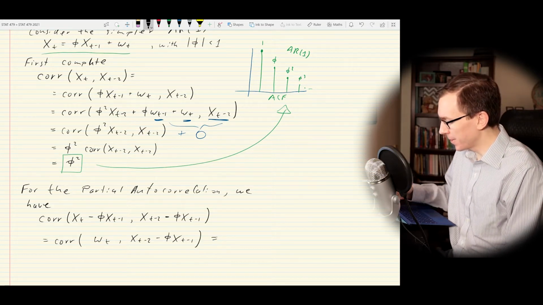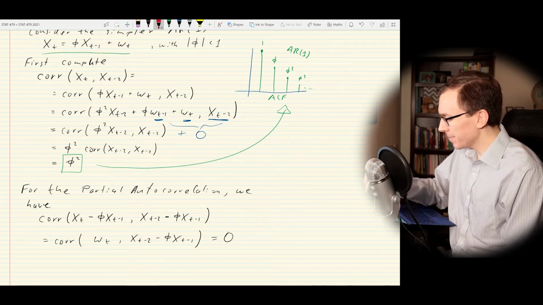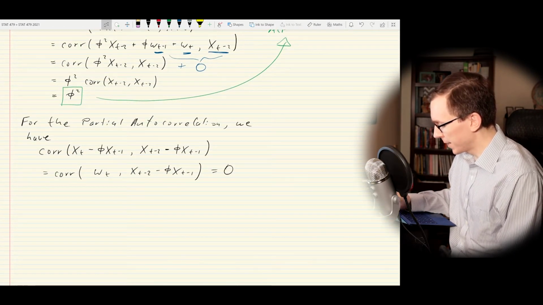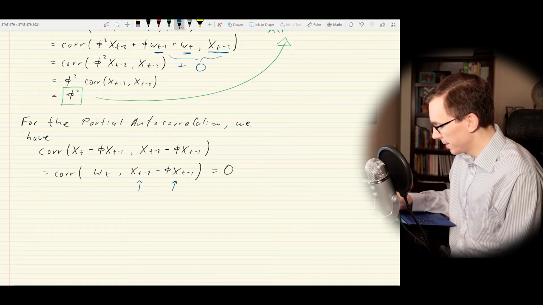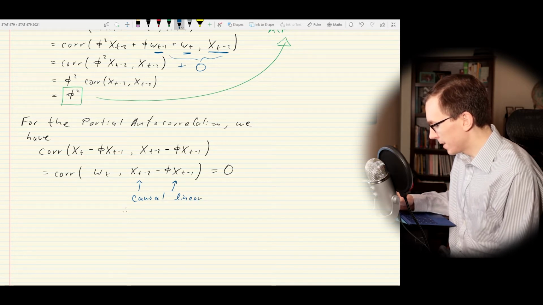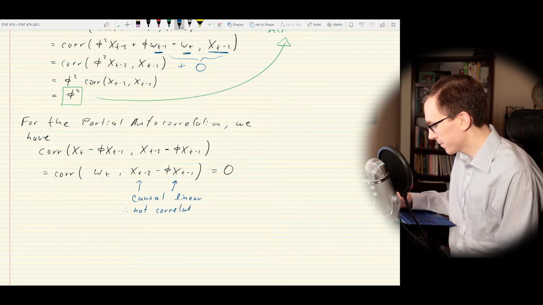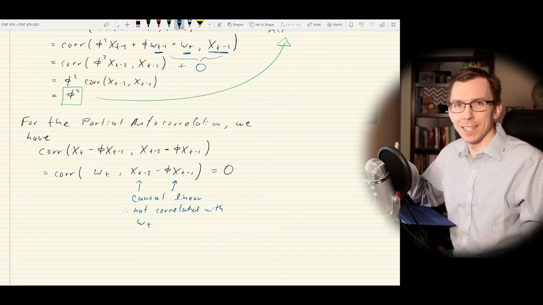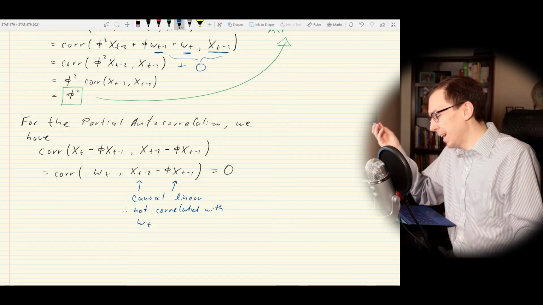So this is just 0, right? Just to emphasize, as I said above with those blue lines, this is causal linear, therefore not correlated with WT or any future white noise, WT plus 1, WT plus 2, etc.